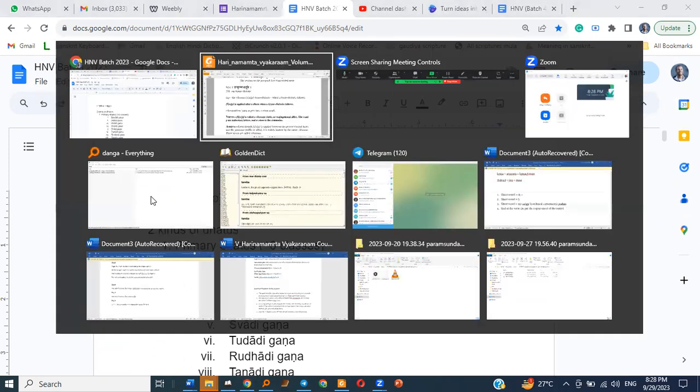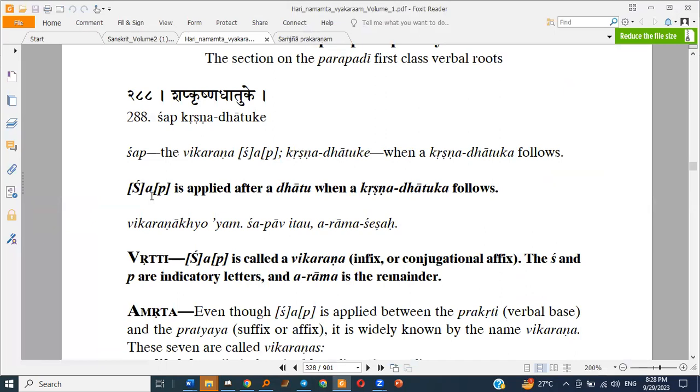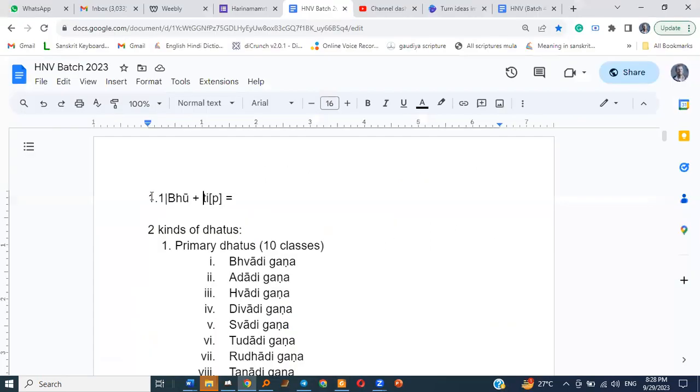So Sutra 288 says that shap is applied after a dhatu when a Krishna Dhatuka follows. So we insert this shap pratyaya, which has sh and p as indicatory letters. The only thing remaining is a. So we insert shap here by this sutra because tip is a Krishna Dhatuka.